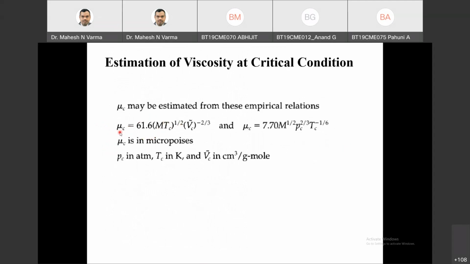Critical viscosity equals 61.6 times molecular mass, critical temperature raised to half, multiplied by critical volume raised to minus 2 by 3, or critical viscosity equals 7.70 times molecular mass raised to half, critical pressure raised to 2 by 3, and critical temperature raised to minus 1 by 6, where critical viscosity is in micropoise, pressure is in atmosphere, temperature is in Kelvin, and critical volume is in centimeter cube per gram mole.